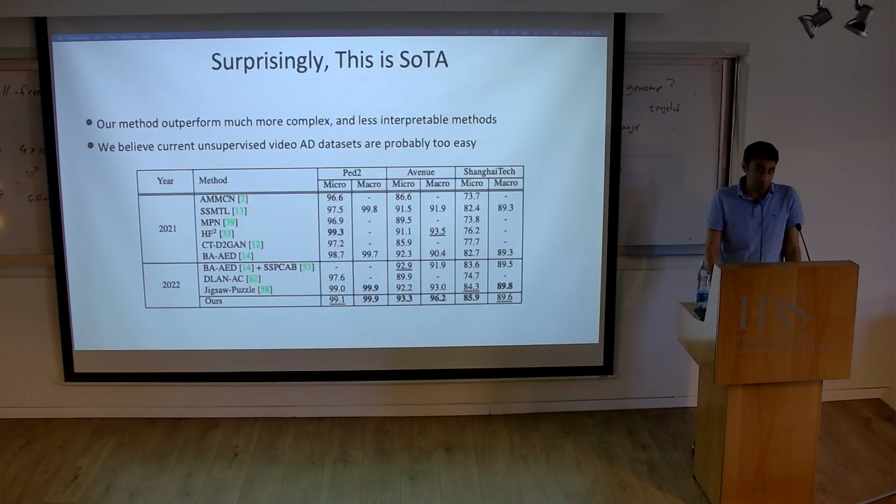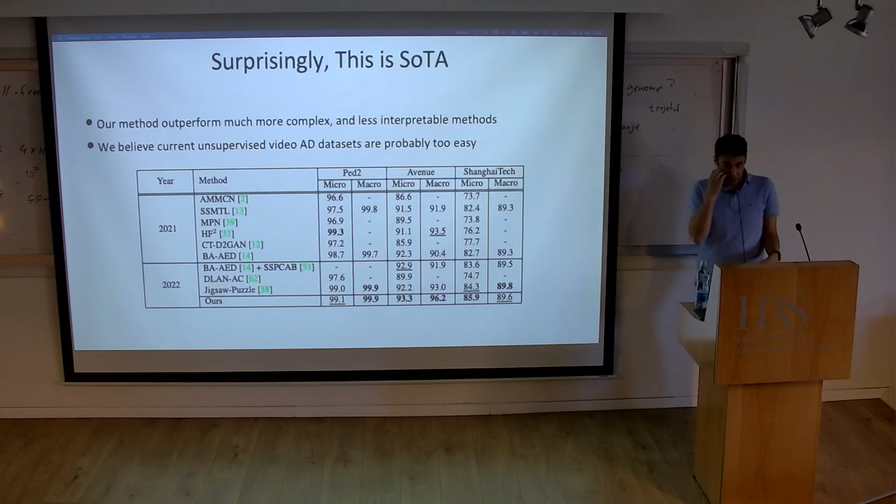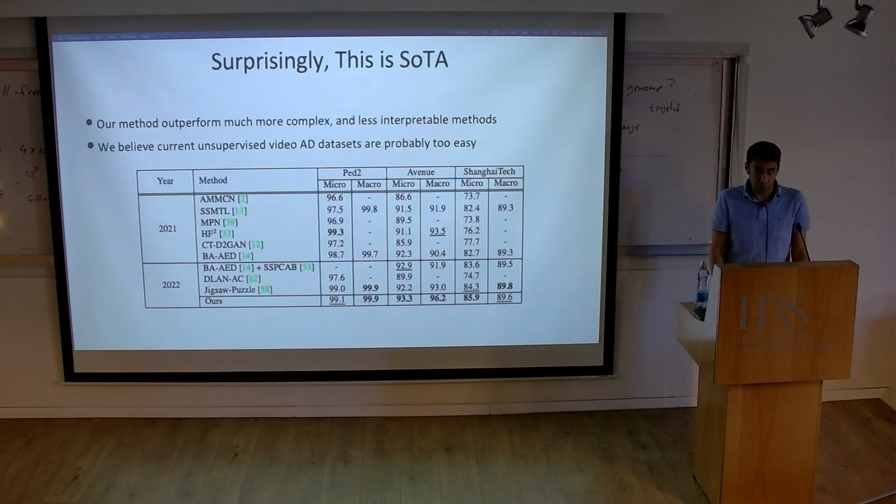so in video anomaly detection, at least surprisingly to us, this is currently the state of the art. Now, I don't know if video anomaly detection is something that anyone here is particularly interested in, but I think the general way of attribute-based representations is something which would be very important in any field.